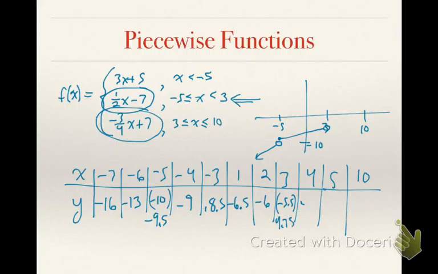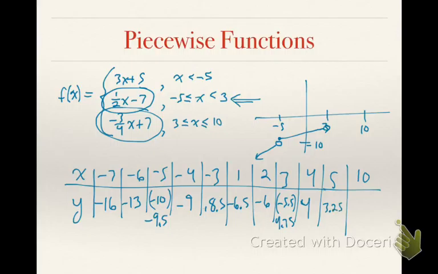Now, at 4, that gives me a value of 4. Okay, and if I were to go all the way up to, notice if I did 5, negative 3 times 5 divided by 4 plus 7, that gives me 3.25.